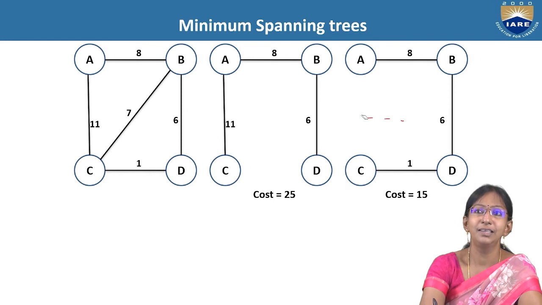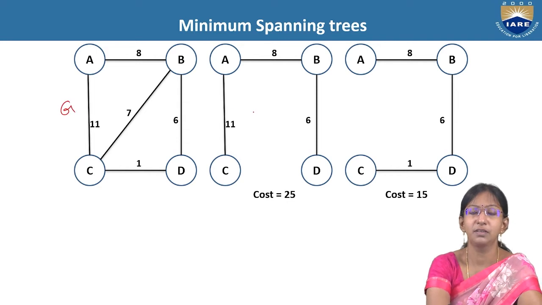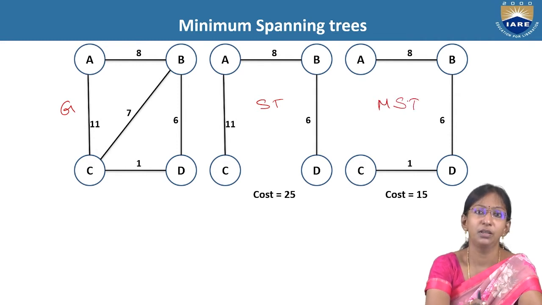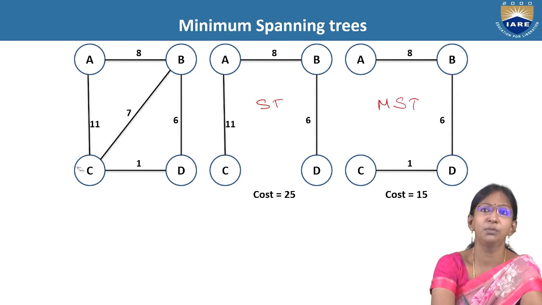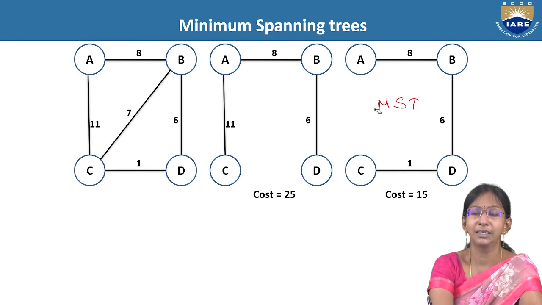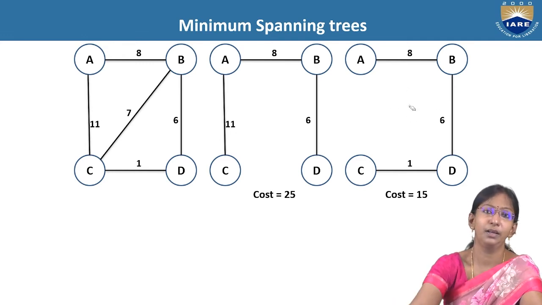So this is nothing but a minimum spanning tree. The first one is a graph, the second one is a spanning tree, and the third one is a minimum spanning tree. It means the least weighted, connected, undirected tree, right?